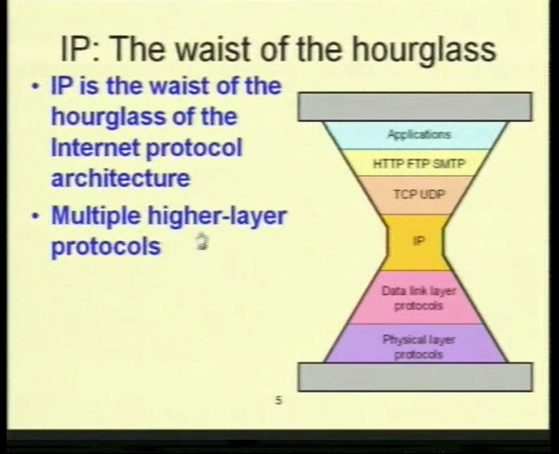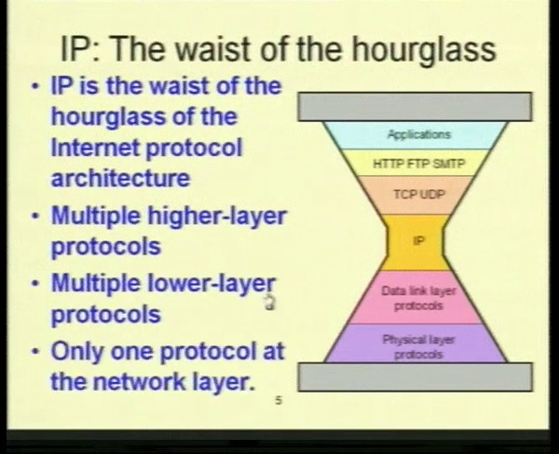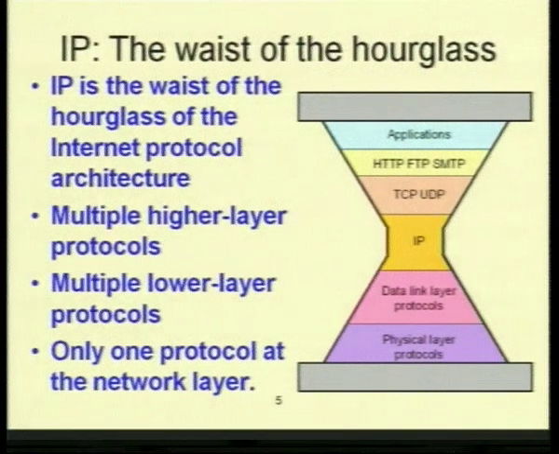That is, you could have multiple higher layer protocols and multiple lower layer protocols, but there is only one basic protocol which takes care of data forwarding at the network layer. So it is like saying that you have a thin waist. So, the IP protocol is supposed to be the waist of this hourglass model. So, you can see that this looks like an hourglass, right. So, this is the waist of that hourglass model. So, that is how the protocol has been designed.